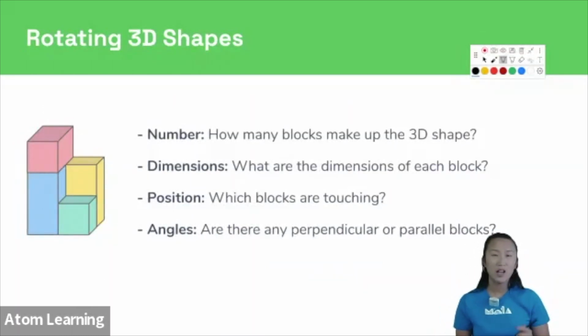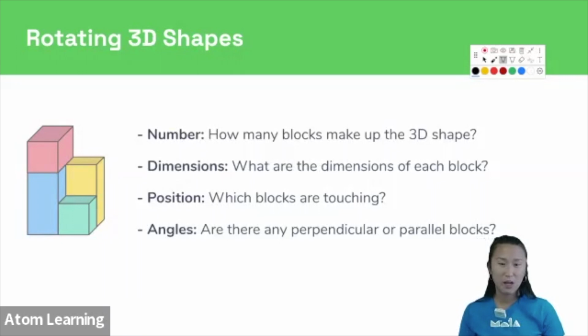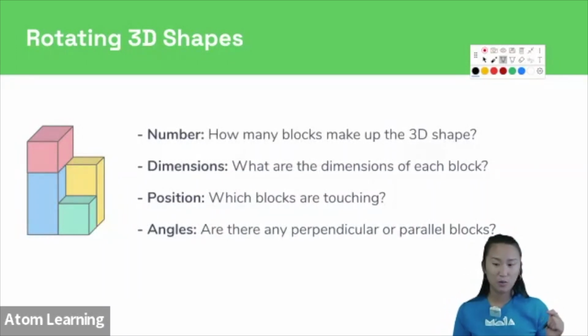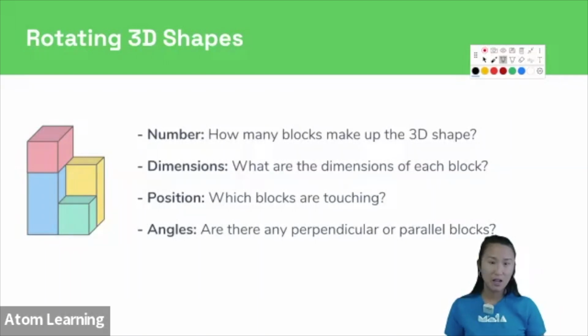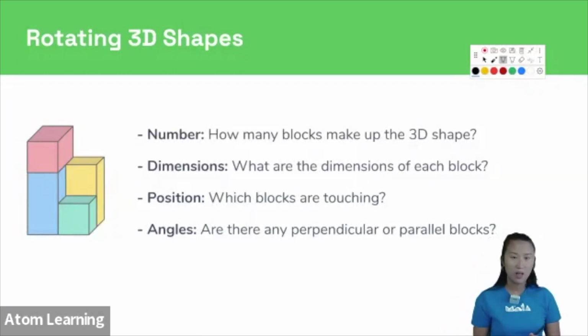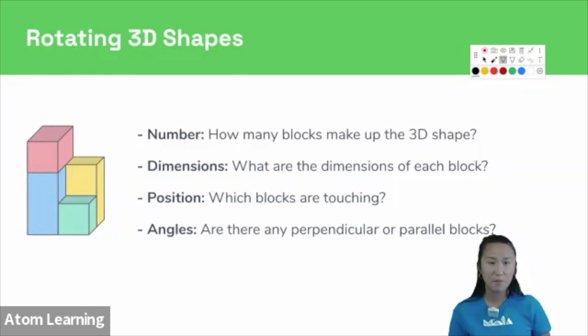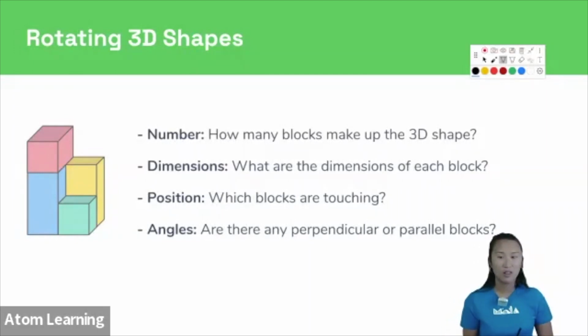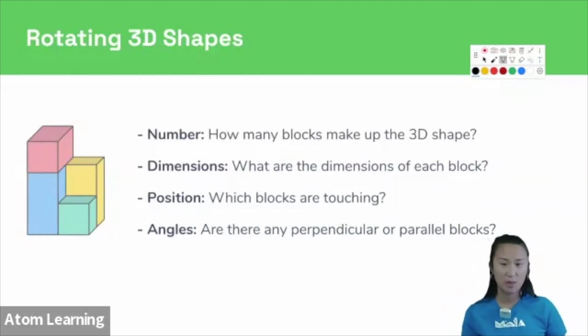So again, we're using the same method as with 2D shapes. We need to look out for specific elements. These are the elements we need to look for in a 3D shape. Starting off with number, we need to look at how many blocks are in the original 3D shape.